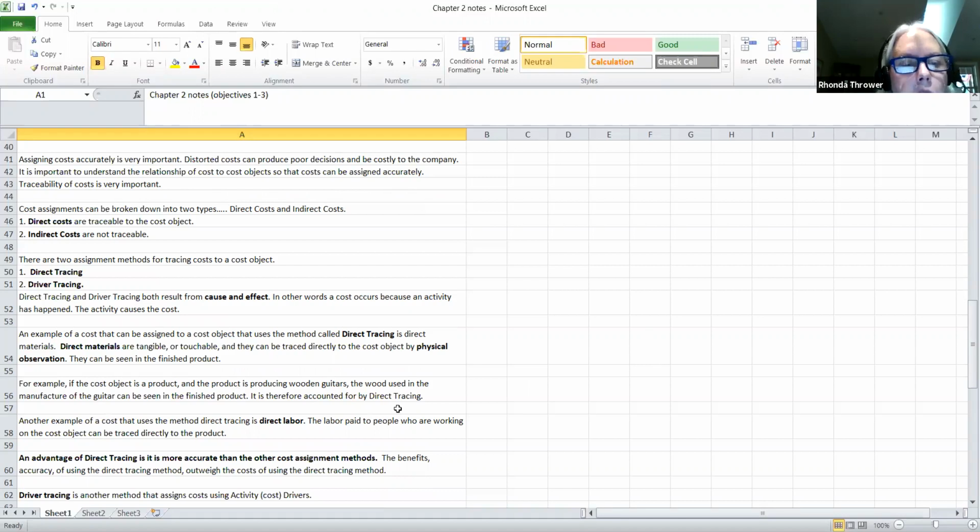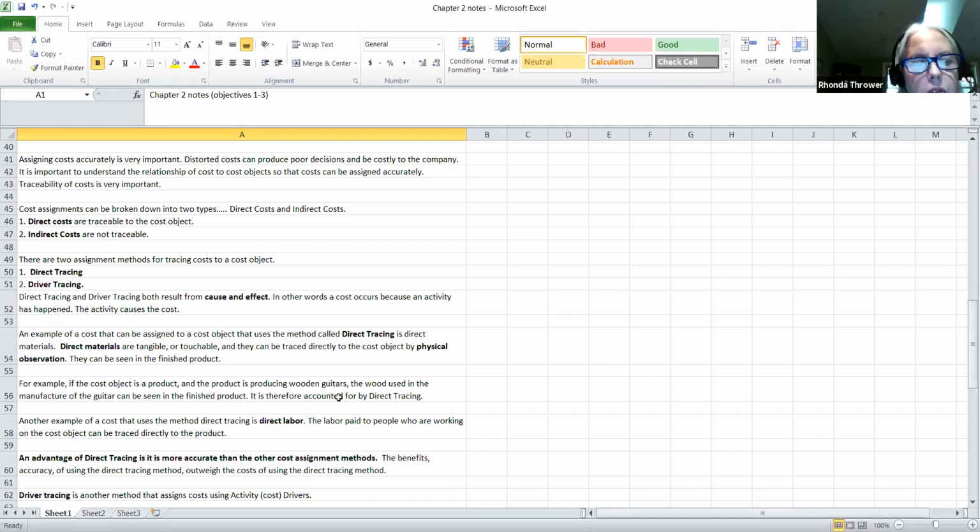In other words, our cost object is the guitar in this case, and our direct material, wood, can be traced to the guitar. It can actually be seen in the finished product, and so we call that direct tracing.